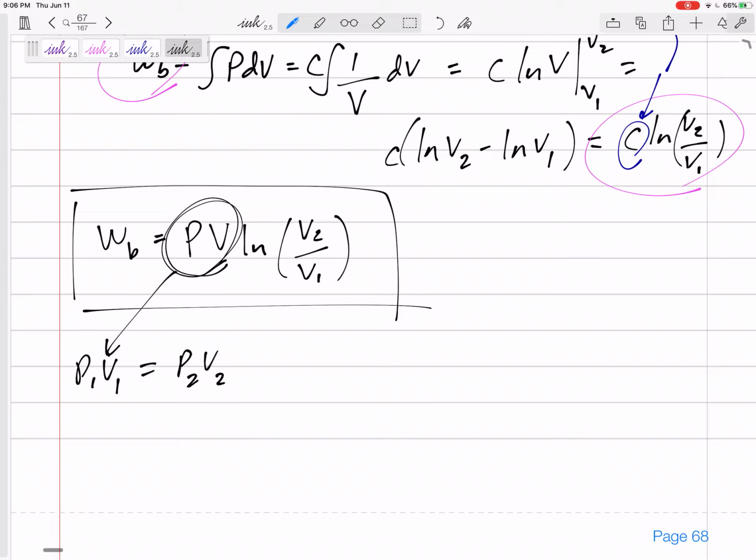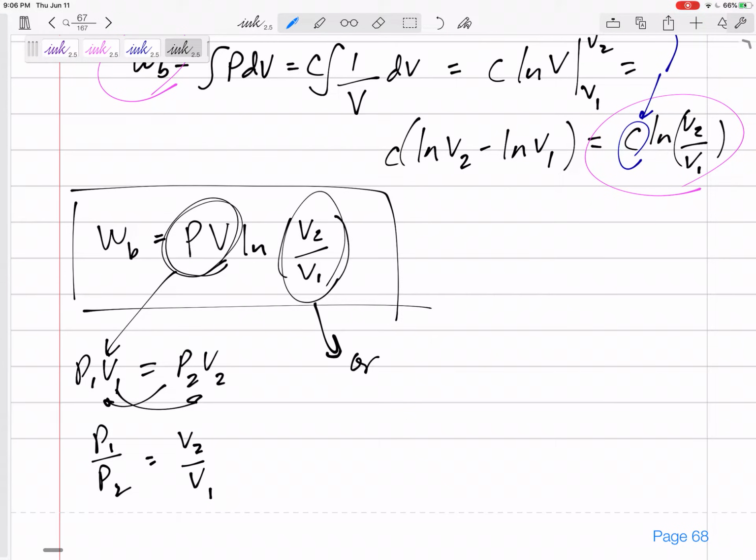And this V2 over V1 is also equal to, let's do a little rearranging here, P1 over P2 equals V2 over V1.